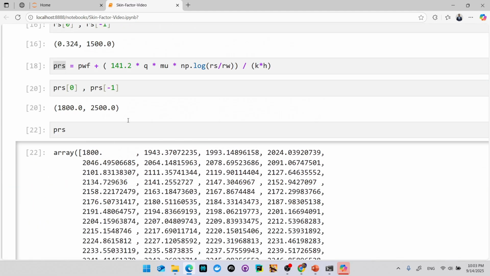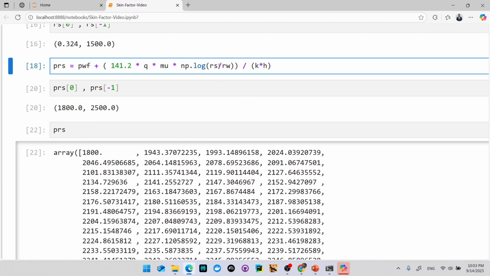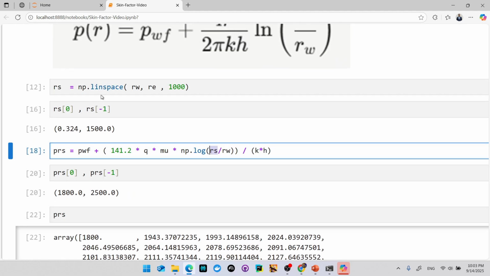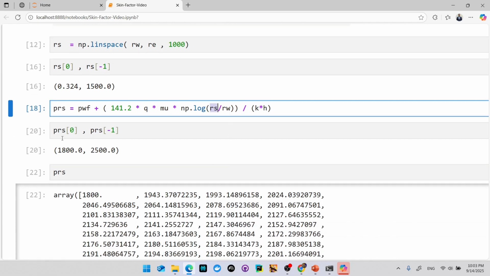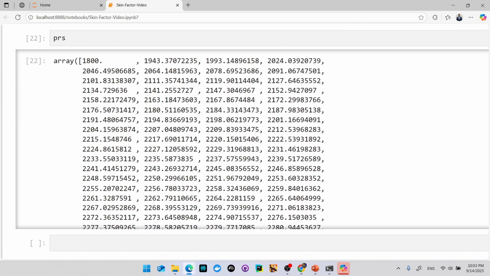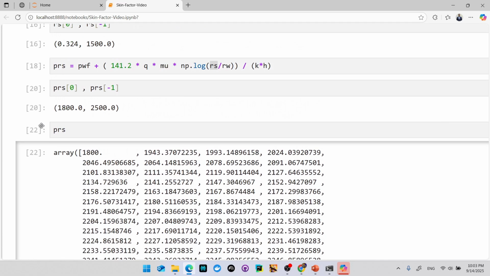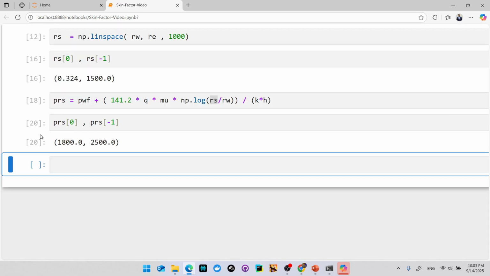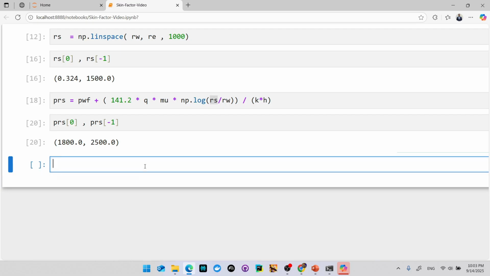We have rs as an array that we defined here. Because we are using numpy in this equation, it will apply this equation to each value inside the rs array. So PRs is an array that results from applying this equation to each value inside the rs. And now we have the radius from rw to re and the expected pressure.